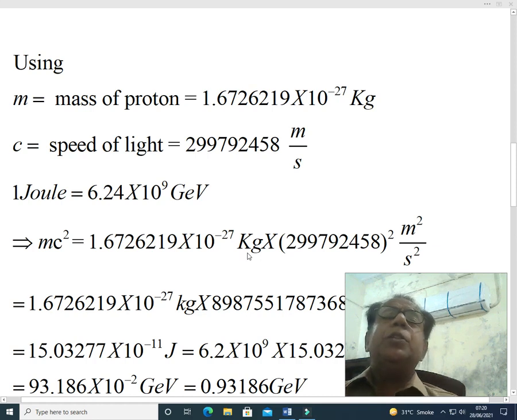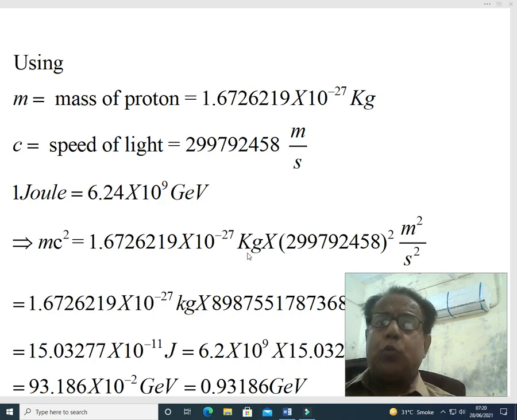Now, using m equal to the mass of the proton, equal to 1.67262 19 into 10 raised to the power minus 27 kilogram, and c equal to the speed of light, equal to 299792458 meter per second. We can also write it as 2.9 into 10 raised to the power 8 meter per second, or 3.0 into 10 raised to the power 8 meter per second.